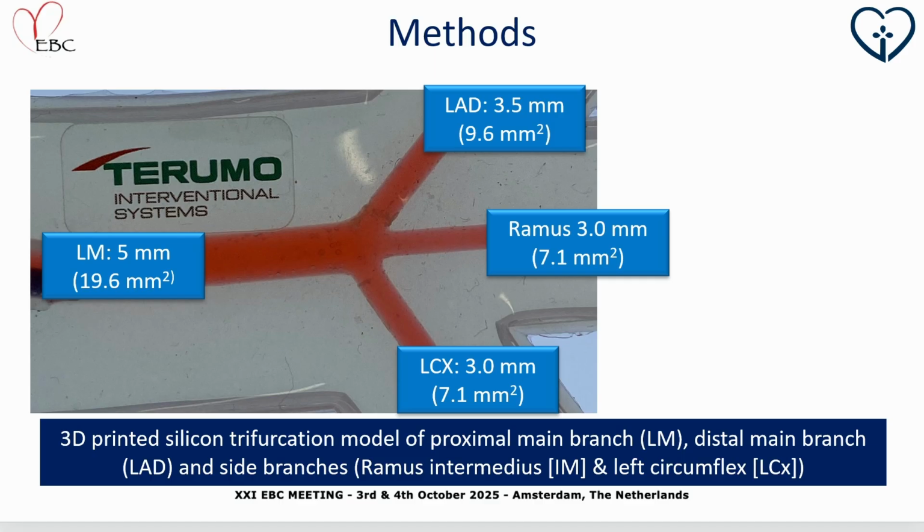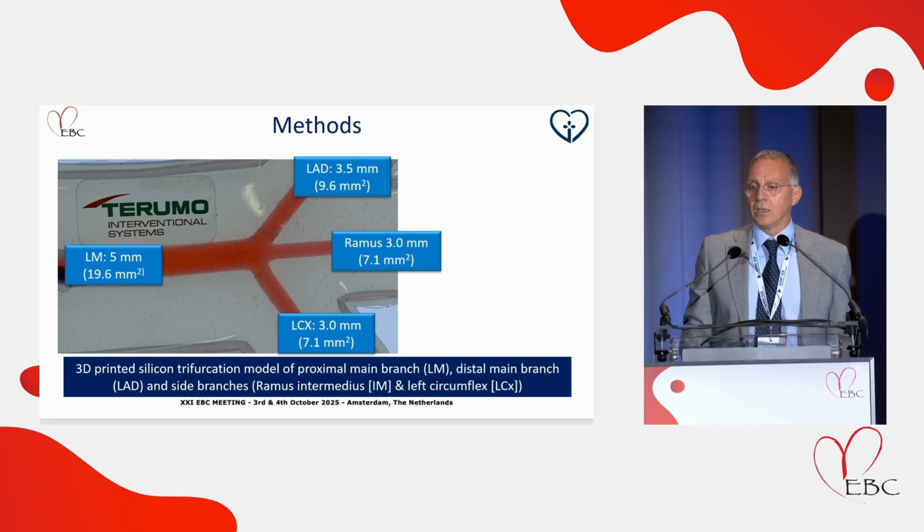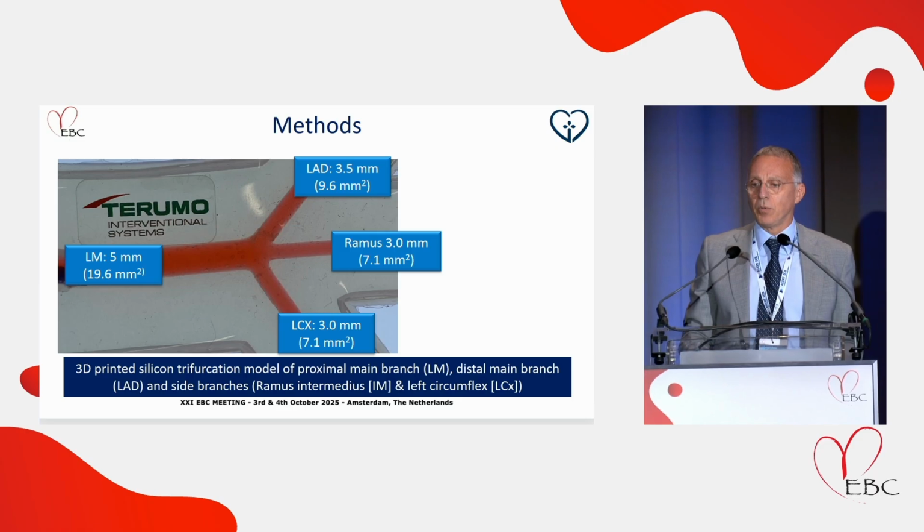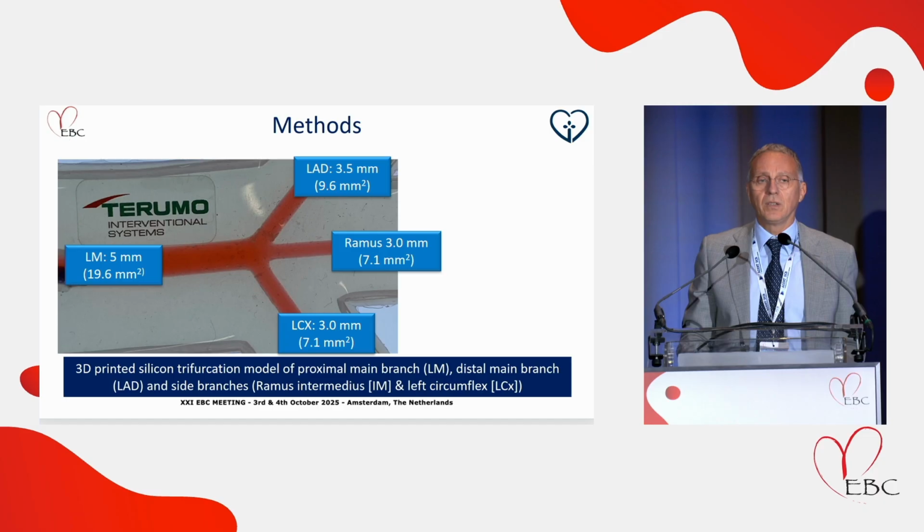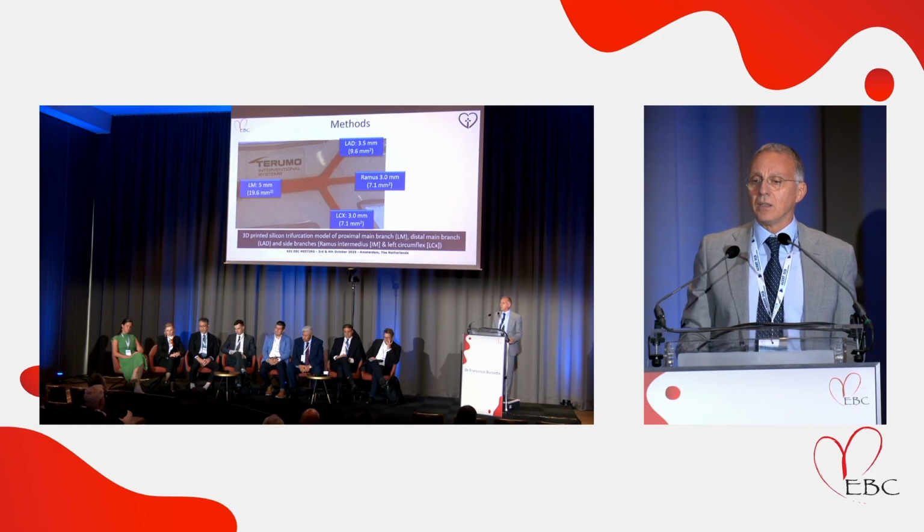It is a large left main, 5 mm, with the LAD 3.5, Ramus 3.0, and LCx 3.0. This has been selected with the angulations taken from a library of CT scans published in the past.